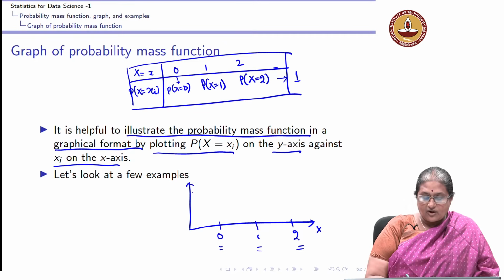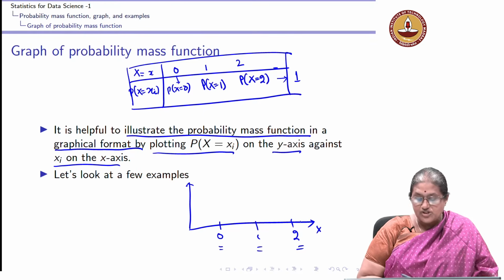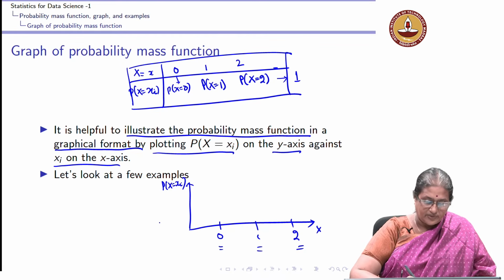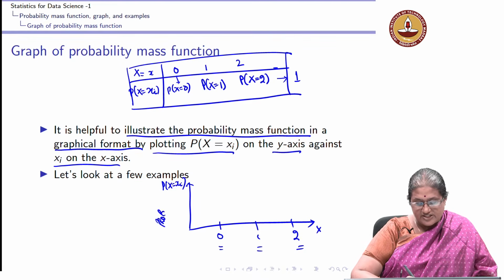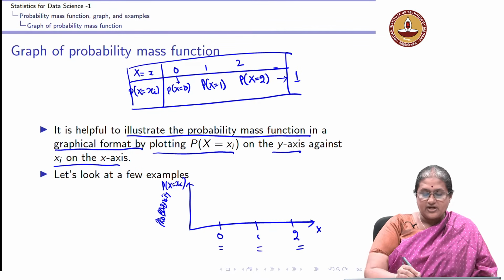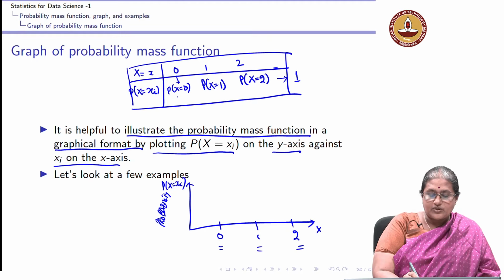If they are ordinal, then the order has to be maintained. On the y-axis, I am going to have the probability of x taking a particular value. I just write it as probability. So, this is my probability mass function. Suppose the probability of x equal to 0 is 1/4, and x equal to 1 is a half.